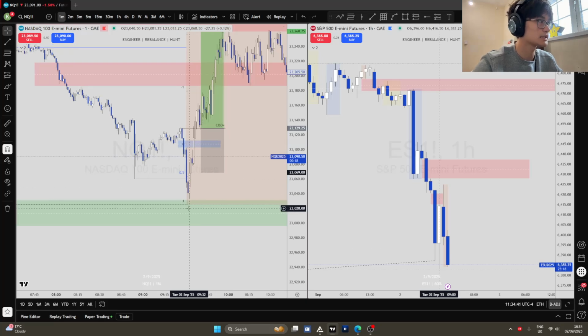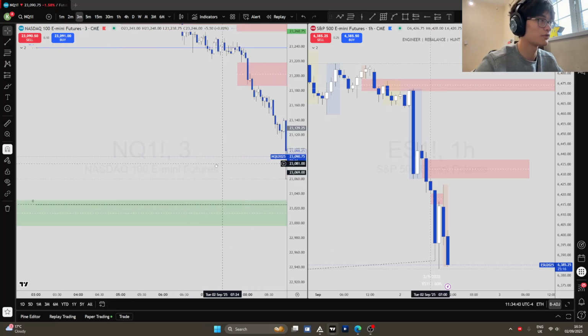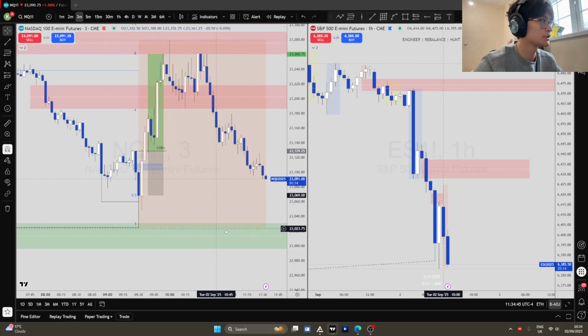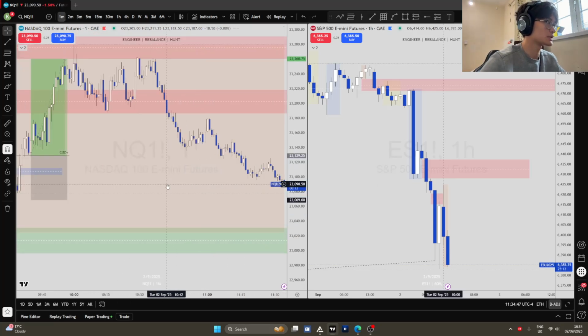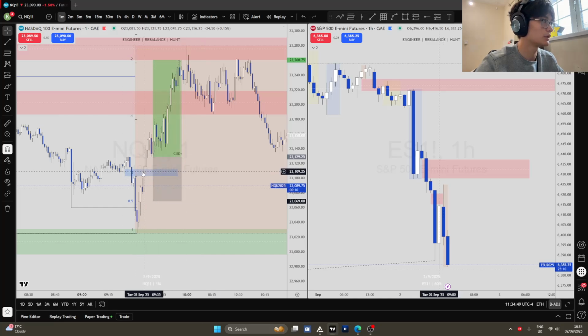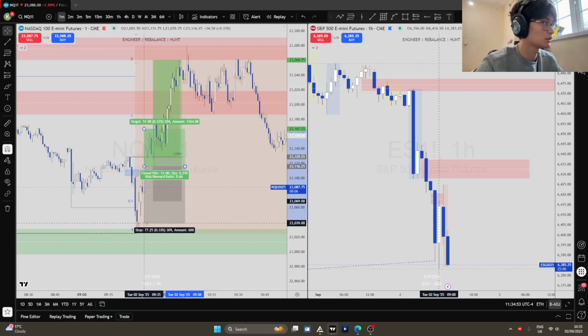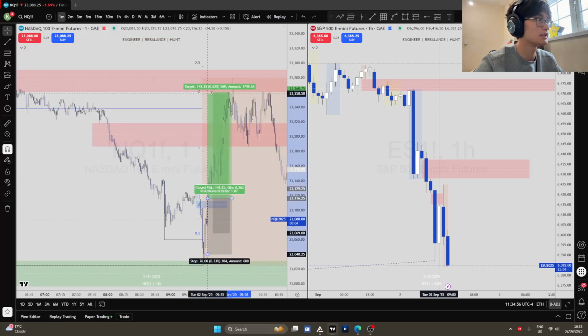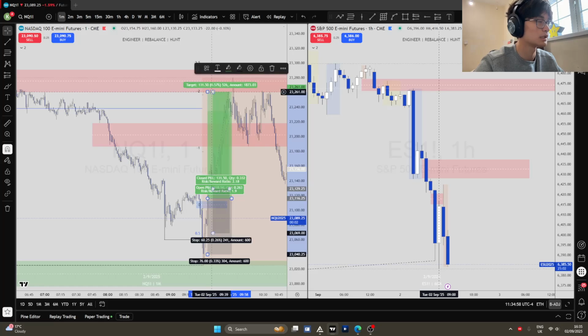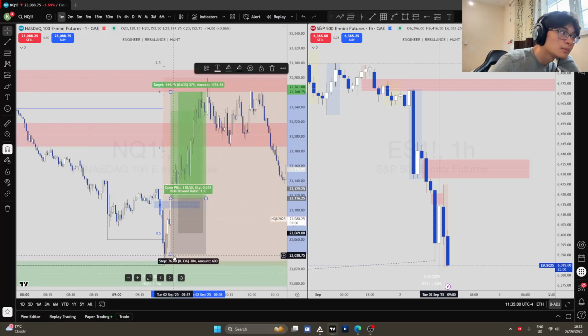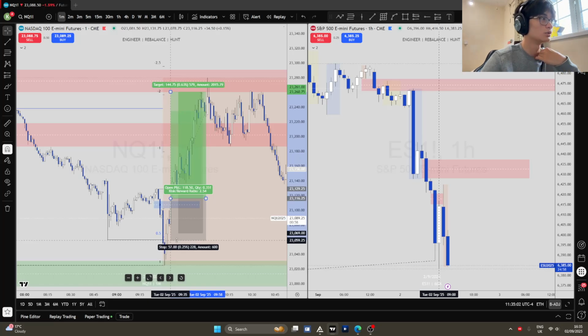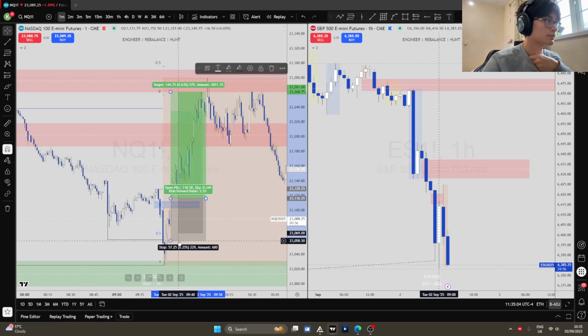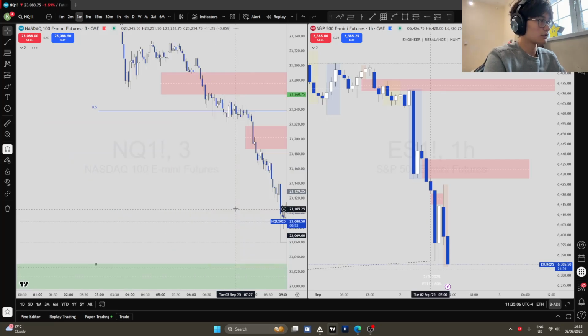And so I take a long on the 3 minute. Here's the inversion. And why the 3 minute? Because on the 1 minute, we already kind of just left off from here. I could have taken this, but it would have been a little less R. Maybe I could have come lower, like into here, but I took it on the 3 minute.